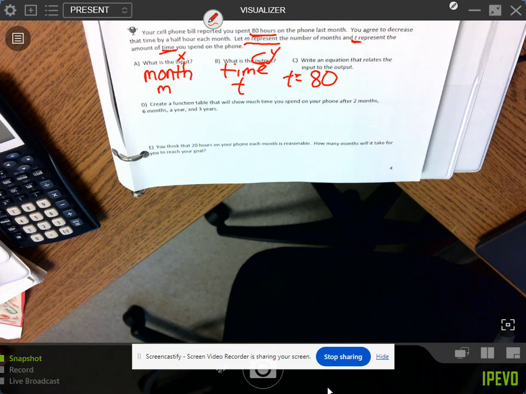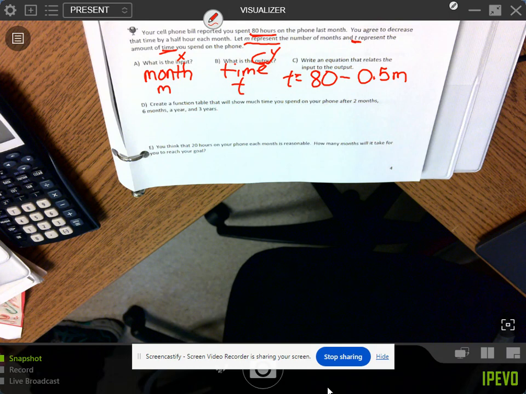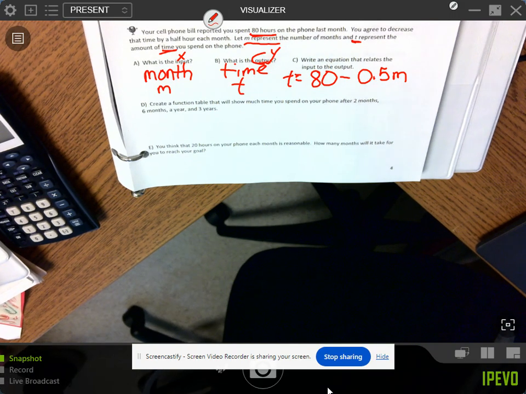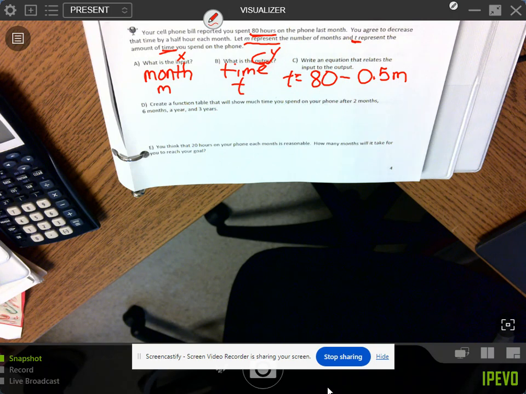If we are decreasing that 80 hours, subtracting. And then Lucas was right. It was 0.5 times m. Every month, we're going to decrease it by a half. So we started with that 80, and we're subtracting out half times the month.